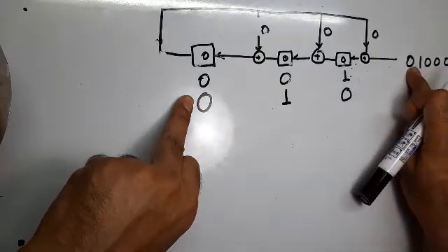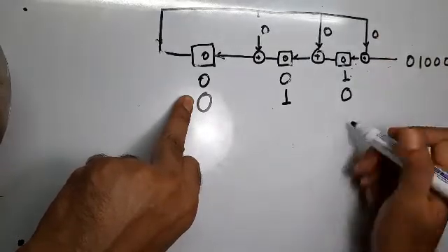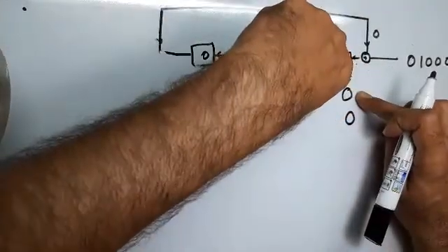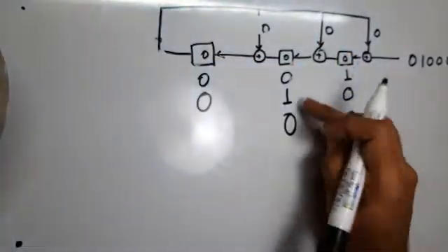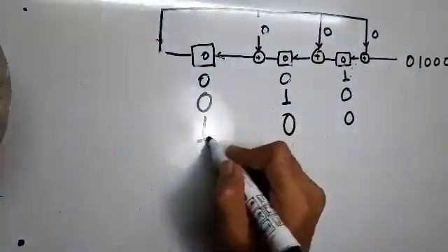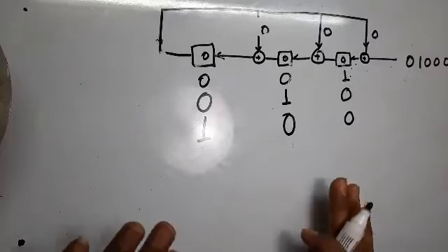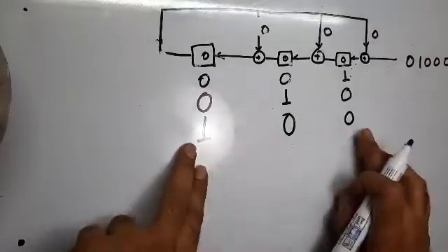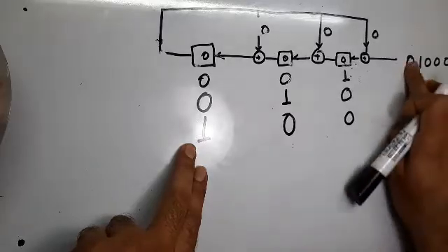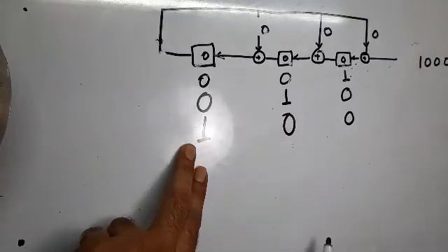So in the third clock tick, this 0 gets XORed with 0. So this 0 is going to be stored. This 0 is getting XORed with this 0. 0 is getting stored. This 1 is getting XORed with this 1. The 1 is stored over here. So after the third clock tick, this is the status of these shift registers. Fine. Now we'll go for the fourth clock tick.